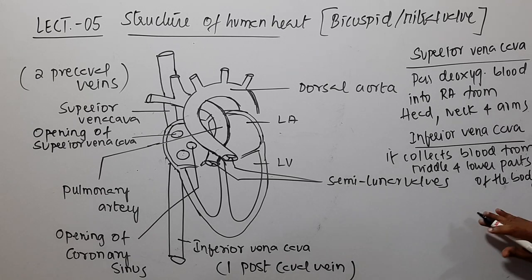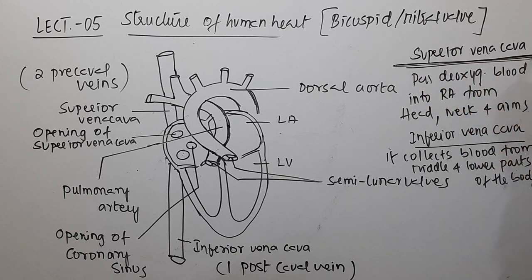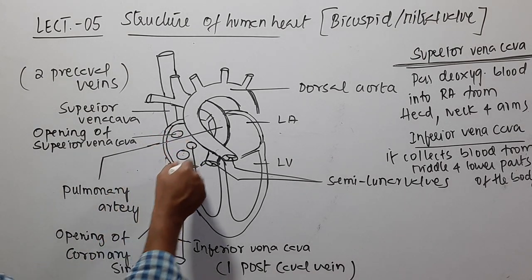So it collects blood from middle and lower parts of the body, right? So this is a function of superior vena cava. It collects the deoxygenated blood from head, neck and hands, and inferior vena cava will collect the deoxygenated blood from middle and lower parts of the body, and they pass this blood into the right atrium.